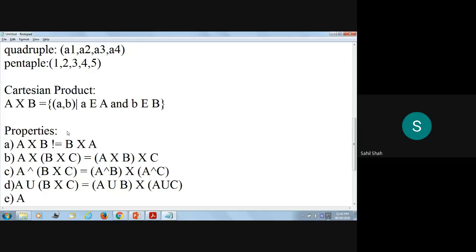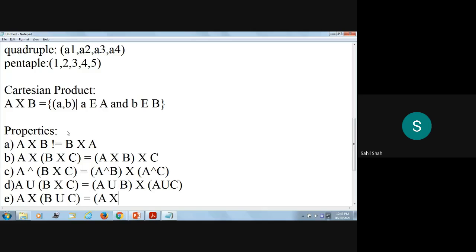A cross B union C. So you are observing here that Cartesian product is distributive over both intersection as well as union, and vice versa.